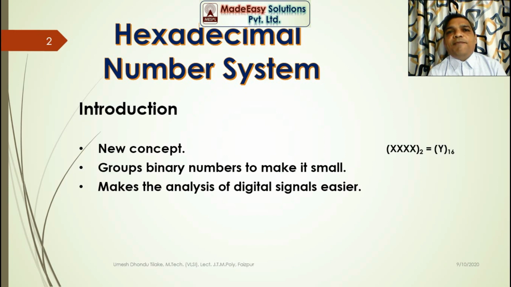That's why a 4 digit binary number can be represented by a single digit hexadecimal number. Thus the hexadecimal number reduces the size of binary number system. Thus a 16 digit binary number can be represented by only a 4 digit hexadecimal number and makes the analysis of digital signals easier.